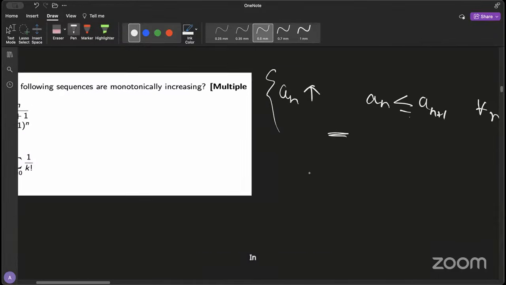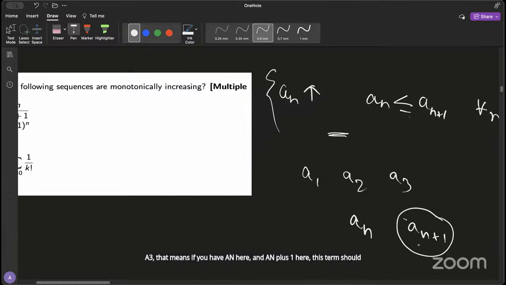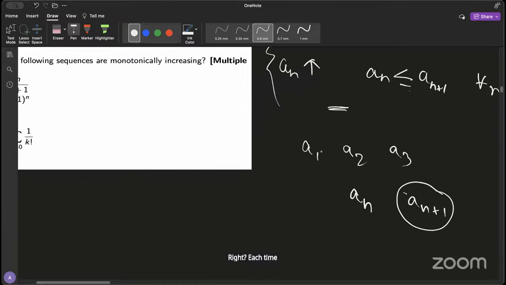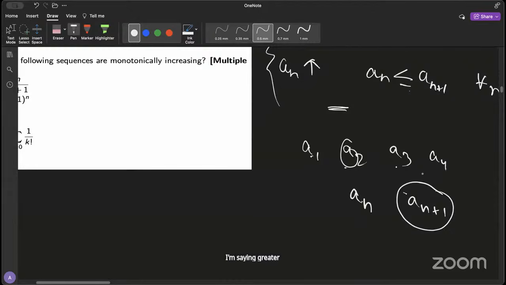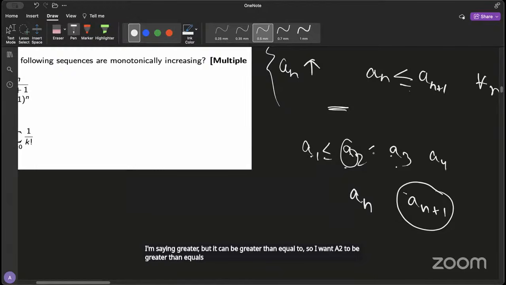An increasing sequence is simply when you have A1, A2, A3. That means if you have A_n here and A_(n+1) here, this term should be greater than this term, right? Each time it should keep increasing. A2 should be greater than A1, A3 should be greater than A2, A4 should be, I'm saying greater, but it can be greater than or equal to. So I want A2 to be greater than or equal to this, A3 to be greater than or equal to this, A4 to be greater than or equal to this.